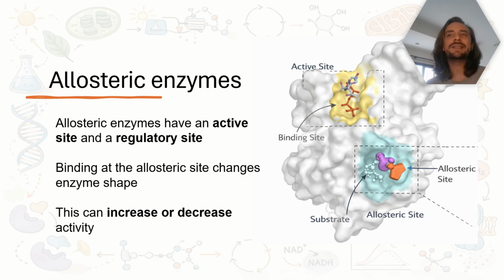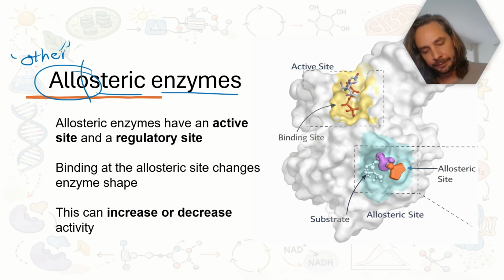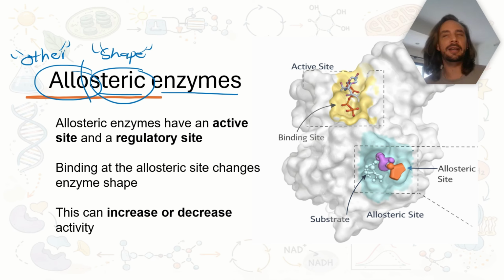Now, allosteric enzymes. These enzymes get their name from allo, which in Greek origin means other, and steric means shape. So it's enzymes that have another shape. And they can also change their shape based on this site they have.